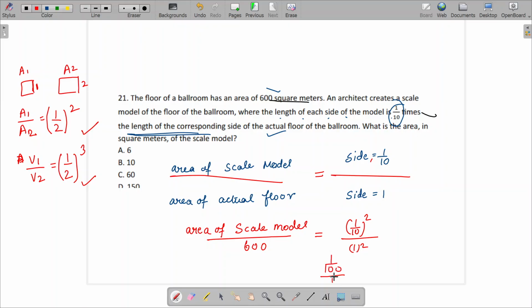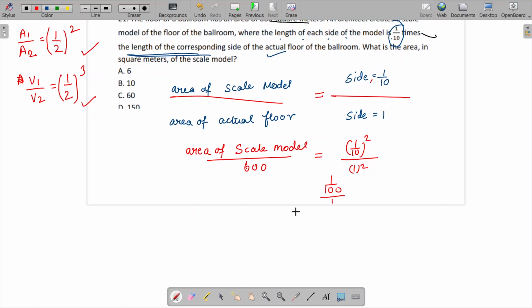Now, whenever you're dividing, can I say that it is nothing but 1 over 100 only? For those who don't know how I'm saying that, understand that we are dividing 1 by 100 by 1. When you're dividing a fraction by a fraction or a fraction by a whole number, first I'll convert the second whole number into a fraction by writing 1 in the denominator.